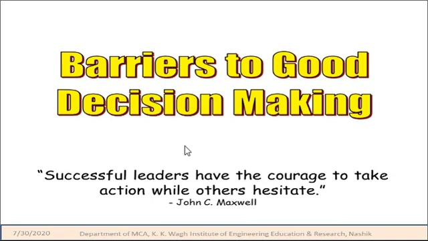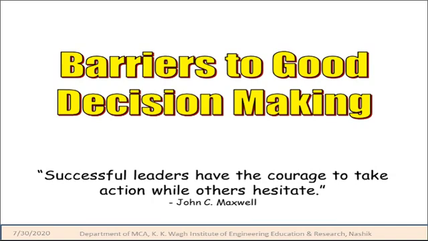If that leader has good qualities, then the leader may take the risk and make the decisions. Either in rational situations some leaders may take decisions, but sometimes in irrational situations they may hesitate to take decisions.